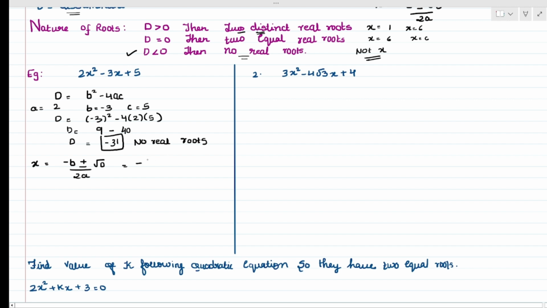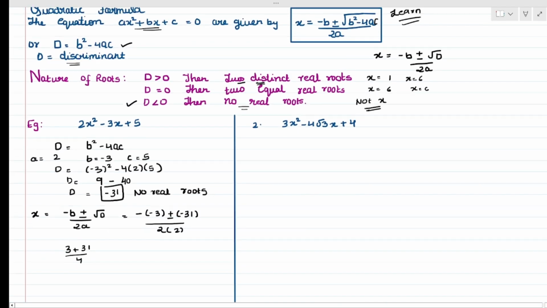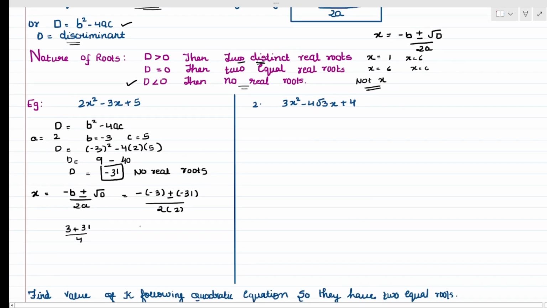What is my b? My b is minus 3, so minus of that is 3, plus minus under root 31 upon 2 into what is my a? 2. Okay, so I get 3 plus under root 31 upon 4, and the other we will give here as 3 minus under root 31 upon 4.